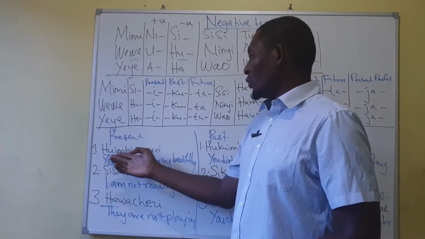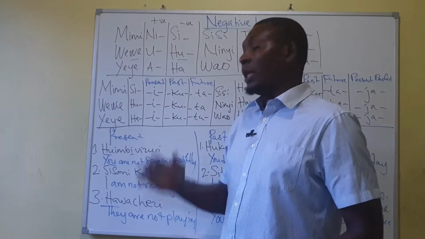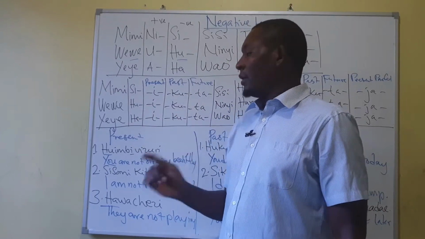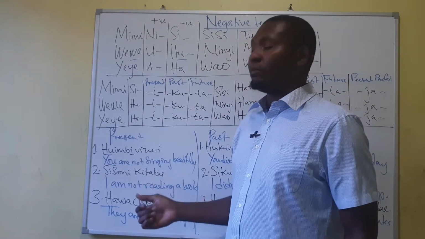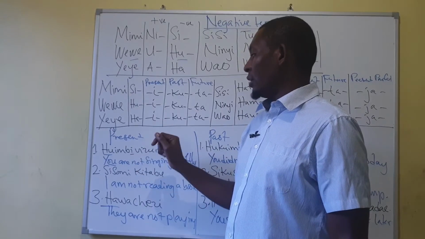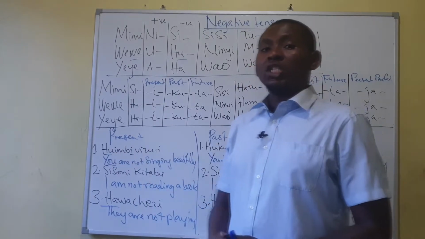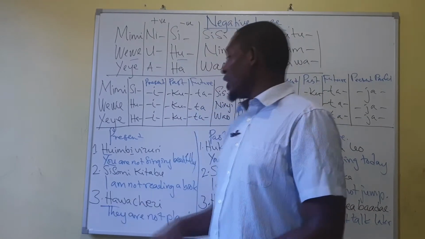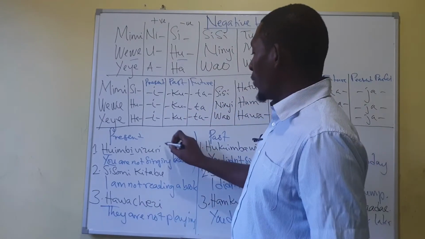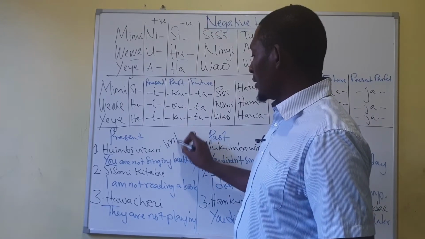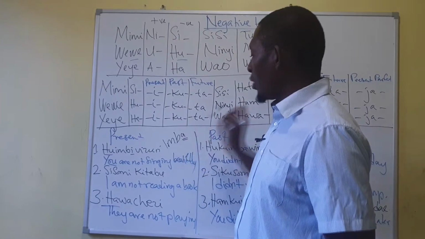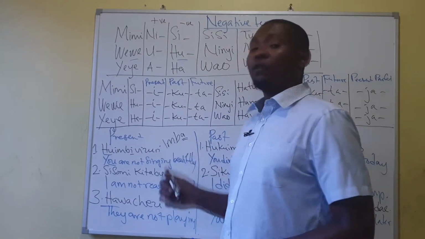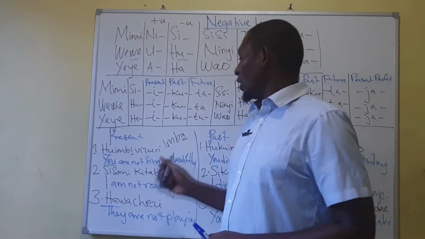In the present, we've seen huimbi. In the positive, we say unaimba. But here, there's huimbi. So what we do here is you delete that na tense and change the final a of the word imba, the final a of the stem of the verb to sing.